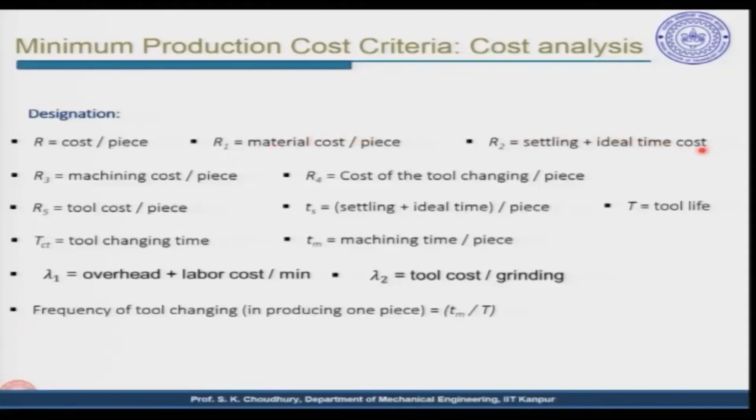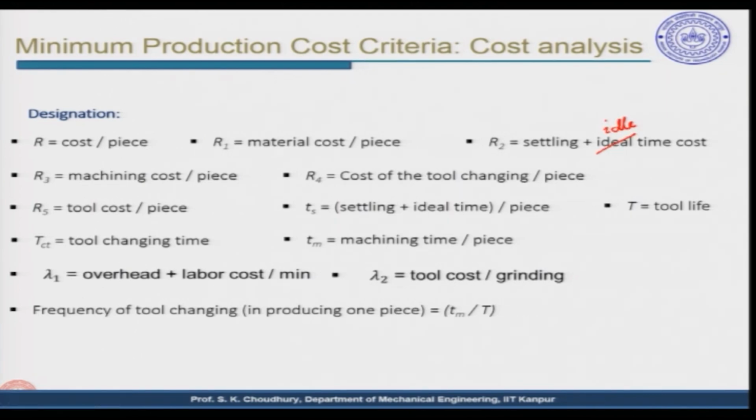Setting plus idle time cost is this: before your machining starts, the operator has to set up the machine, set up the speed, feed, and clamp the workpiece. And there is some idle time. I am sorry, you please correct it, this is idle time. Idle time is when a machine is not working, when the machine is idle.